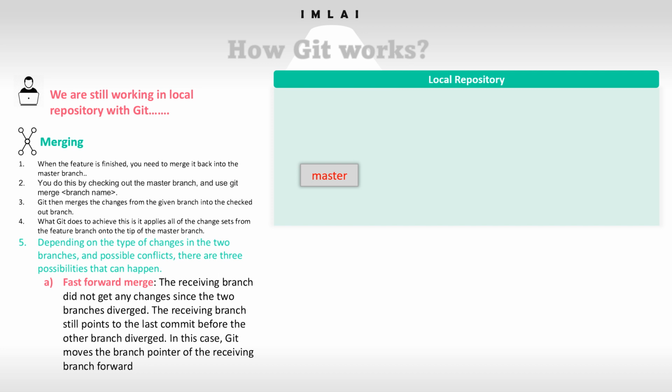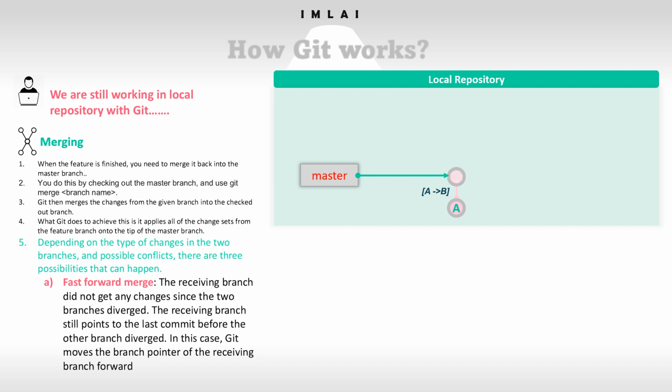But at this moment we are going to look into the fast forward merge. So what's a fast forward merge? For a fast forward merge, the receiving branch, let's consider the receiving branch as the master branch. Always for us the master branch is the receiving branch.